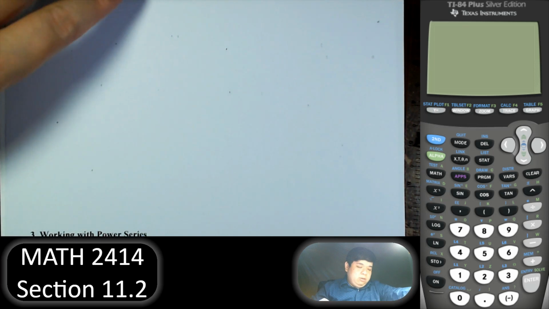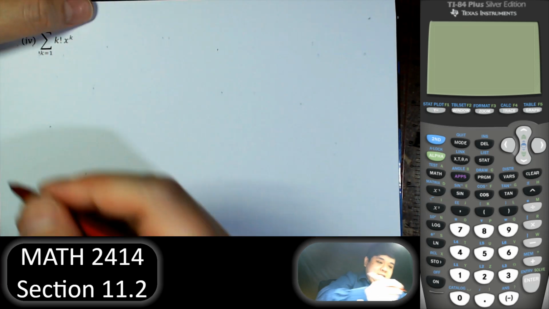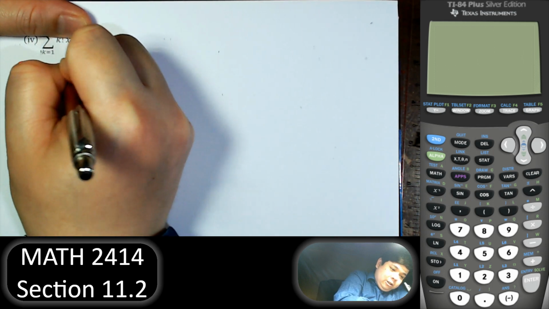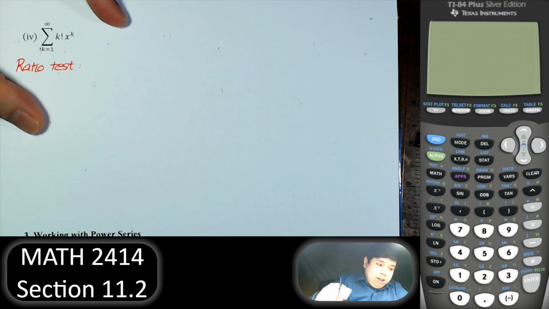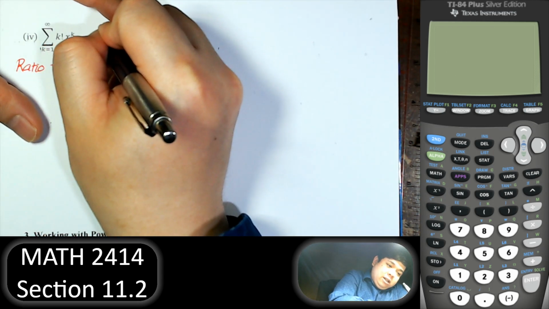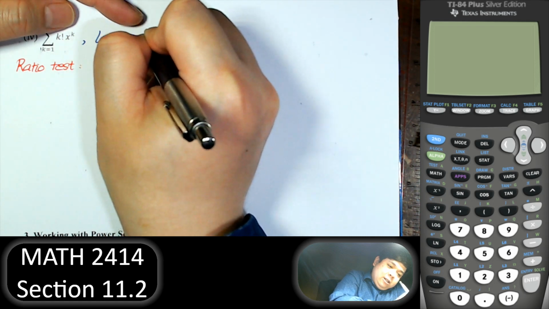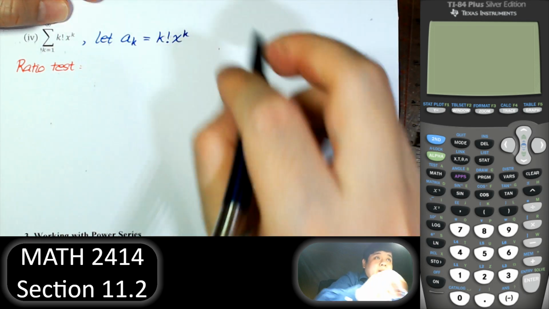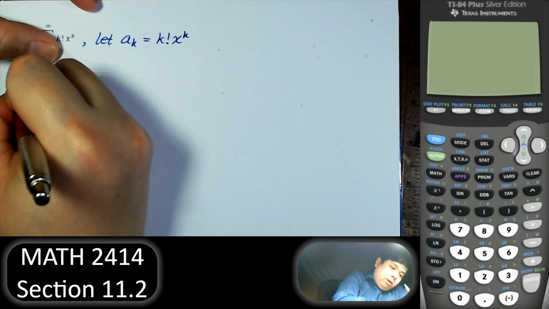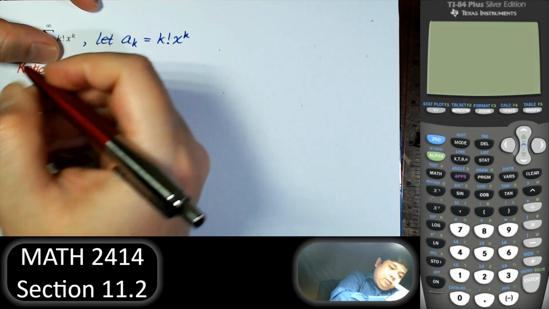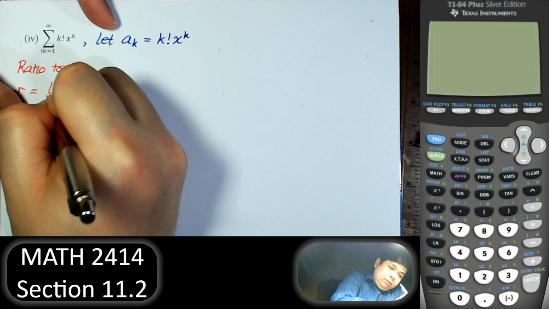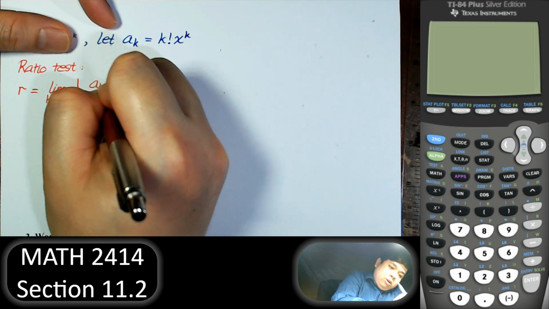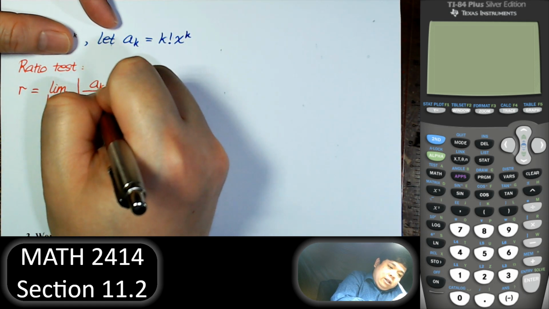Now, one more example for this, still the ratio test. So I'm going to write h of k is k factorial x to the k, and the ratio test is equal to the limit as k goes to infinity of a sub k plus 1 over a sub k.